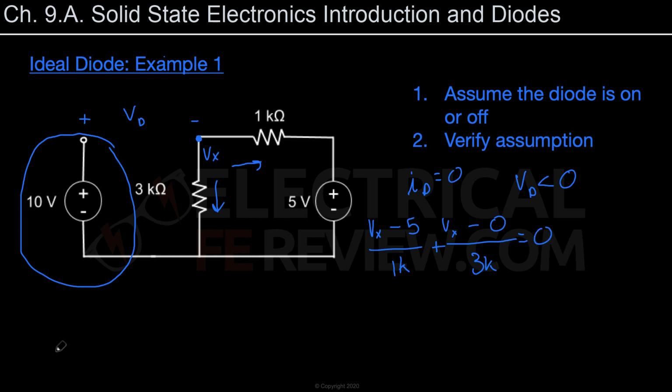And from this, we can see that 3Vx − 15 + Vx = 0, which means that 4Vx = 15, and we'll see that Vx = 3.75 volts.